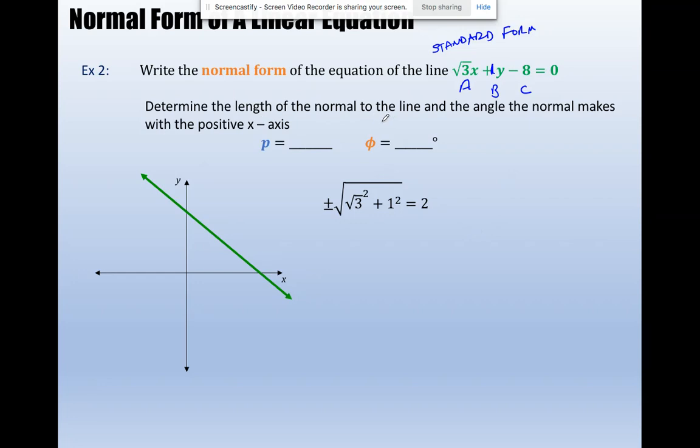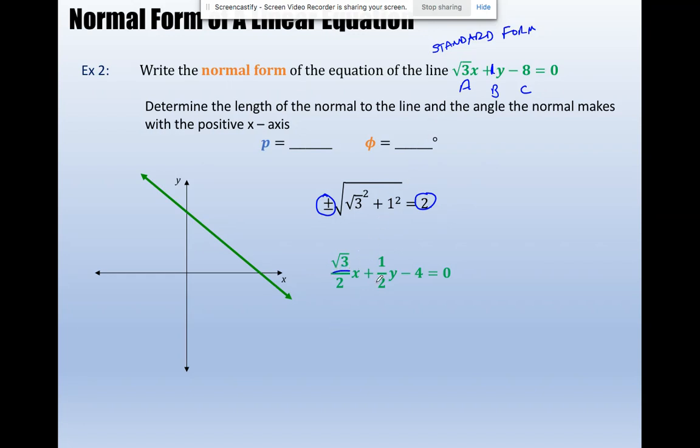Determine the length of the normal. What is P? So first I do plus or minus, right? The square root of A squared plus B squared. There's my 2. So I'm going to divide everybody by 2 for my angle.